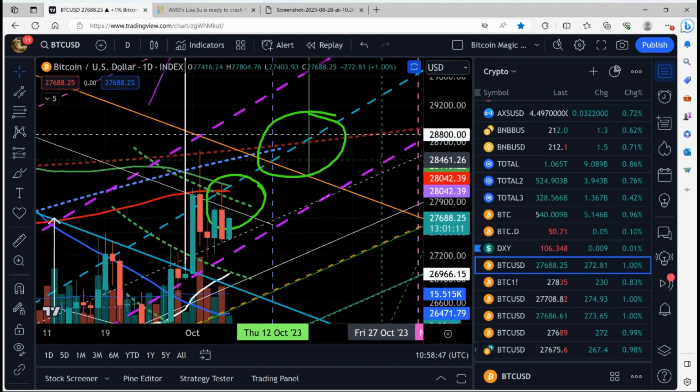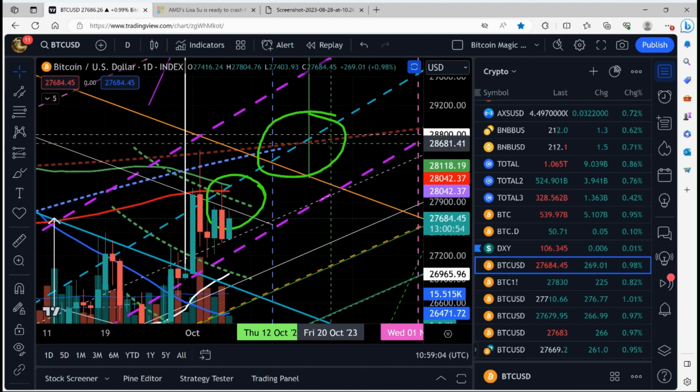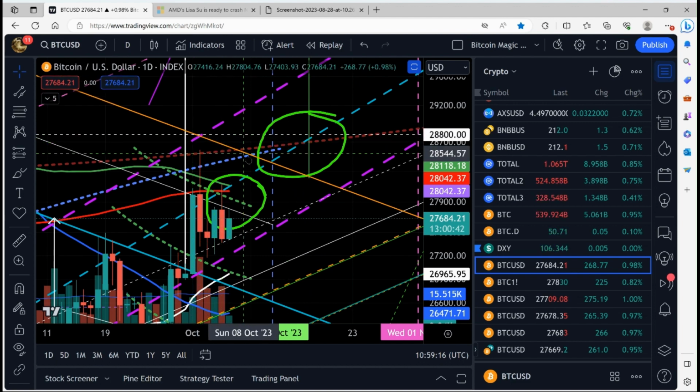That is 28,800, which is a key level of resistance and support that goes way, way back, and you should be well aware of this. Those are all coming together in mid-October, the second or third week of October. That'll be another level of resistance, as well as this orange band.